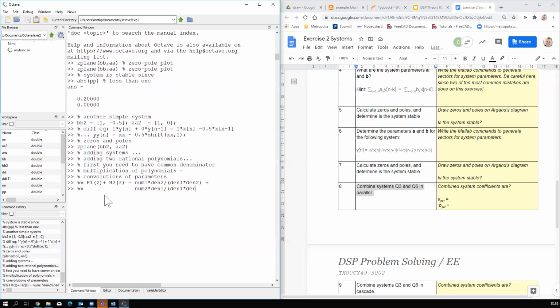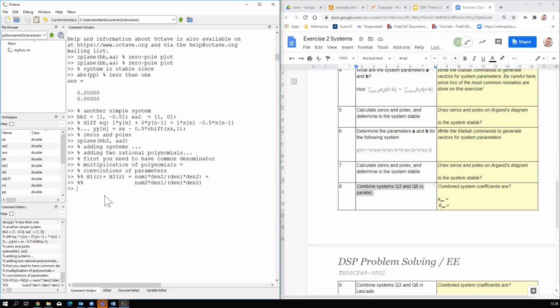This is how it goes from mathematics classes. Okay, well, that does not look that bad, since the multiplication of these polynomials is the same as convolution of the parameters.